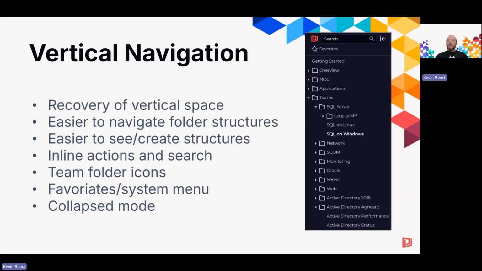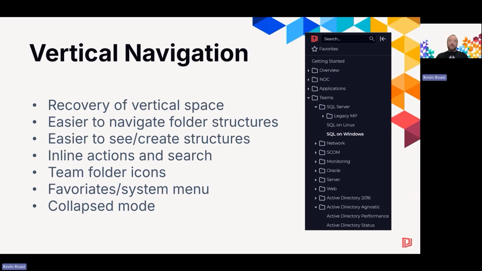But the real step change we think to improve usability for our customers is the new vertical navigation bar. So this is all about two major things that we wanted to do to improve the app, which was to recover that vertical space at the top of the app, which is so important. So on a modern widescreen that most screens are today, that vertical space is very important.